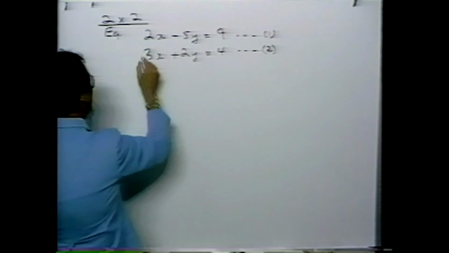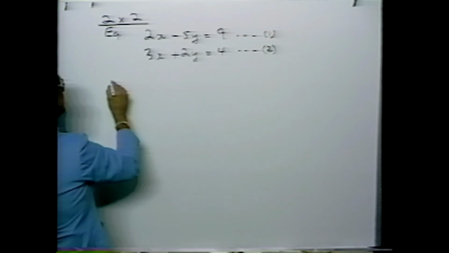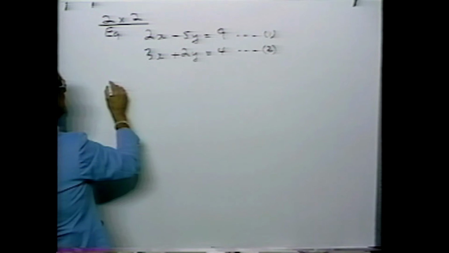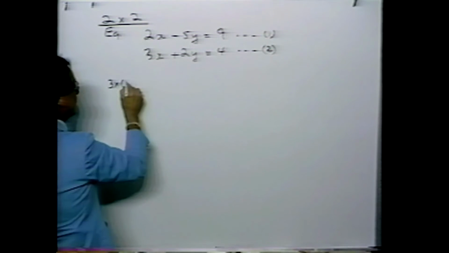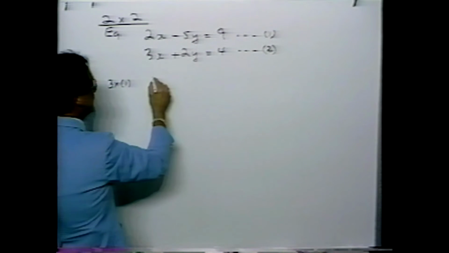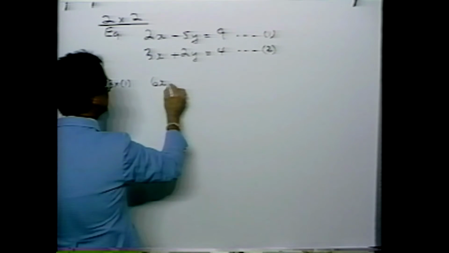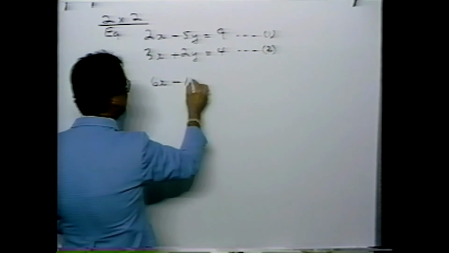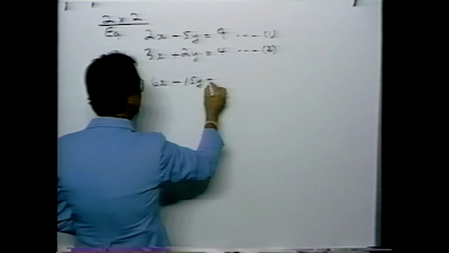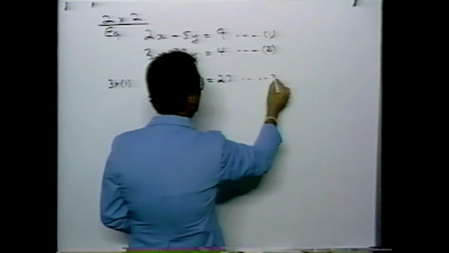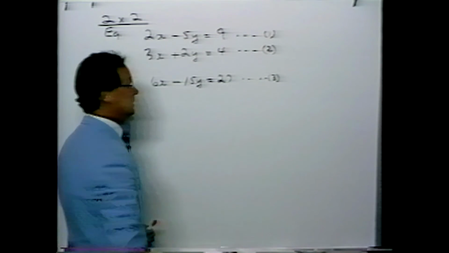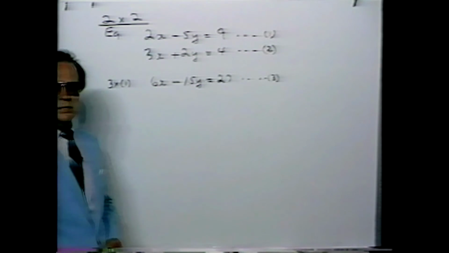If I multiply the top equation by 3, and I'll indicate it like this, 3 multiplied by equation 1 is equal to 6x minus 15y equals 27. And I'll refer to that by a different number since it's a new equation belonging to the system.